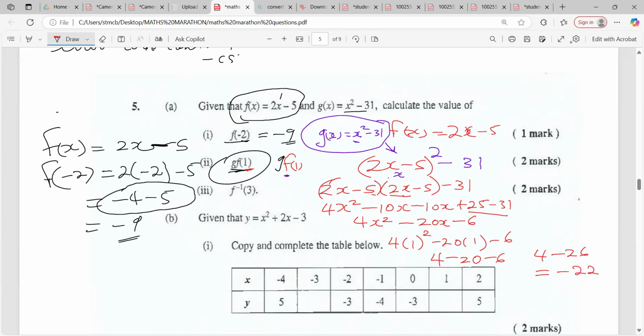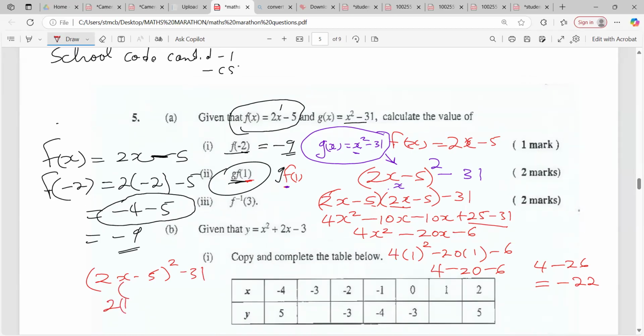Or you could do what I saw some of the students did. They plug in 1 from here. So you plug in 1 from here. That's our 2x minus 5, squared, minus 31. So they put the 1 from here.